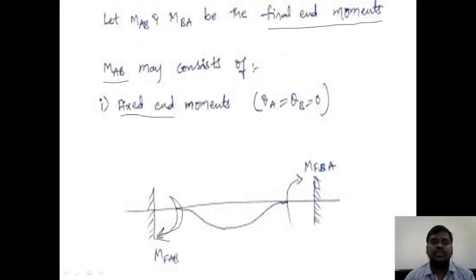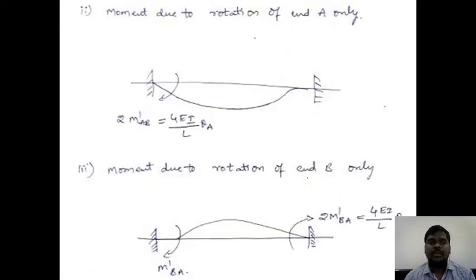What are fixed end moments? We have already done this in the previous videos. Those are WL square by 8, WL square by 12, WL by 4, depending on the conditions. So when we have MFAB, in the same manner we have MFBA. Fine, this is the first point to be noted. Second, the final MAB will also consist of 4EI theta A by L.